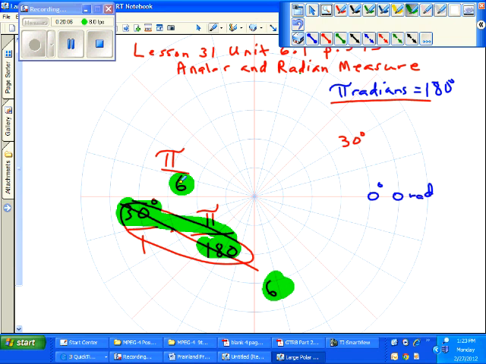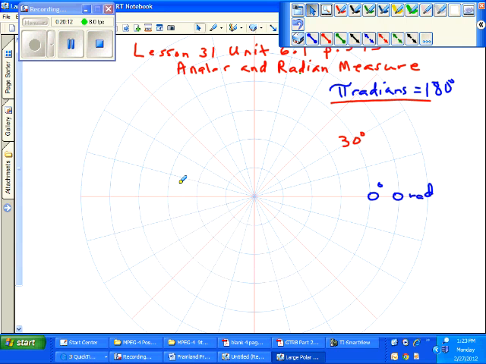Okay? Now, let me do another. Let's just keep building this thing for just a moment. Okay, so we know that 30 degrees is pi over 6. Okay, now 30 degrees has a reference angle. You see, this angle right here is 30 degrees from 180, right?